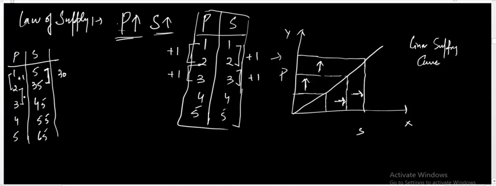Now with every further increase in price, there is an increase of 10 units. With every increase in the price of 1, there is again an increase of 10 units, which essentially will show a graph like this.